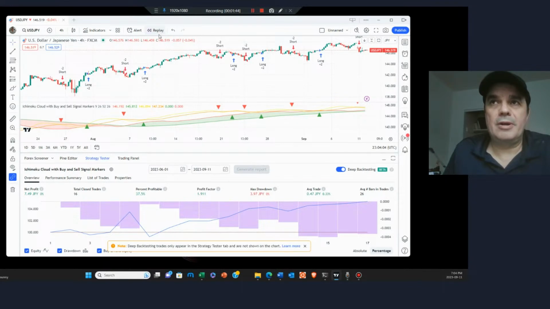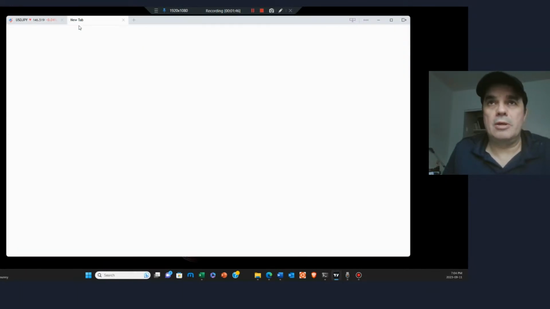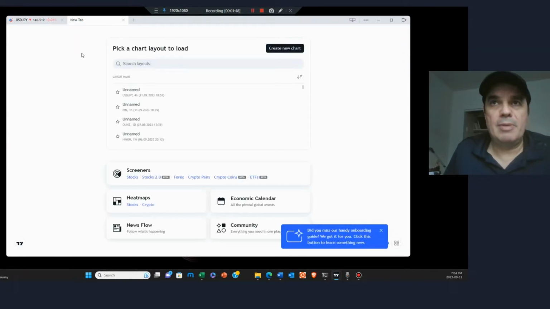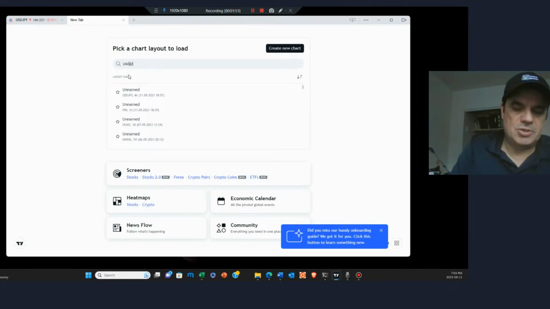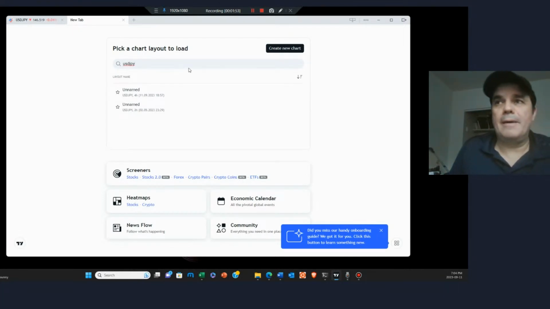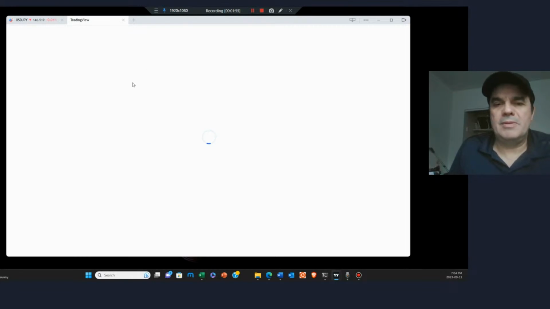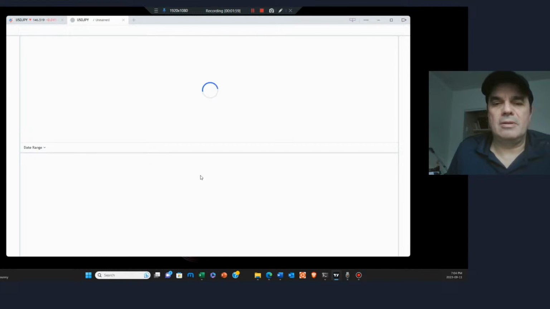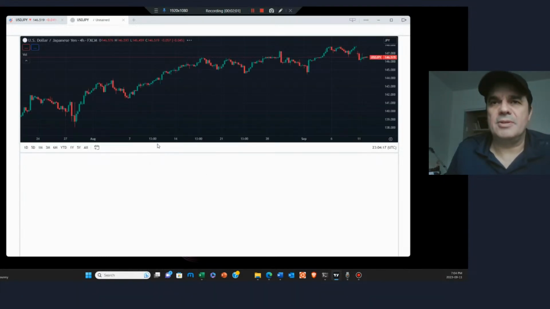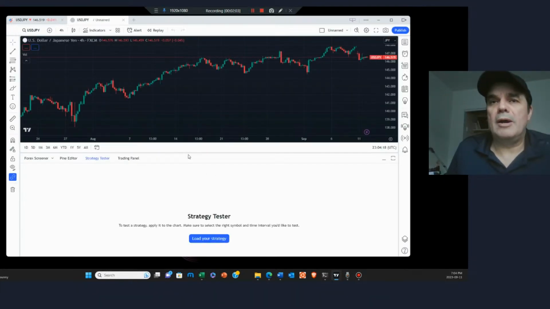If I pull up another chart here just to show you a better view of the USD Japanese yen, you'll be able to see how well this has been performing for the last couple of months, actually.